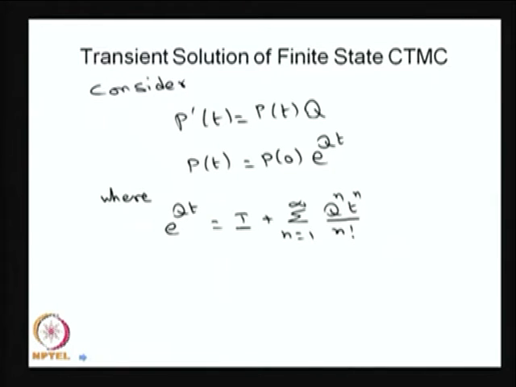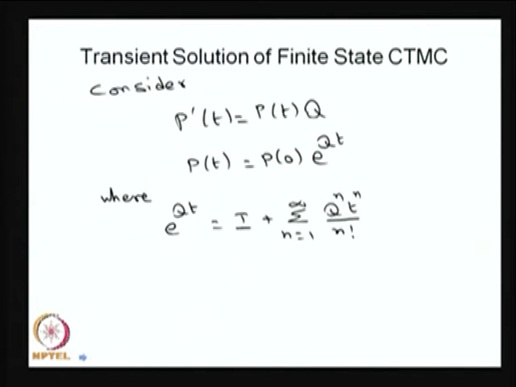That is what I have given this way. So, start with the forward equation. Therefore, the solution is going to be P of t is equal to P of 0 e power Qt. P of t is a matrix, P of 0 is a matrix, e power Qt is also again going to be a matrix, an exponential matrix.